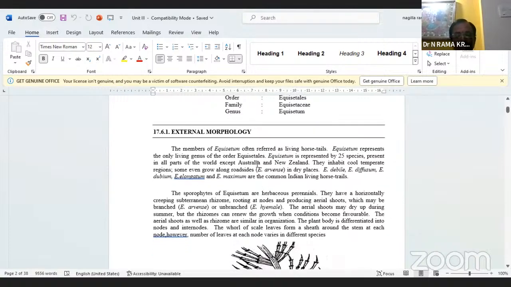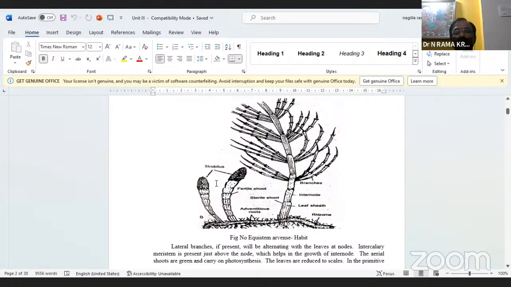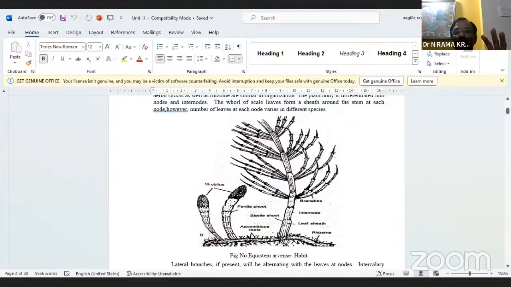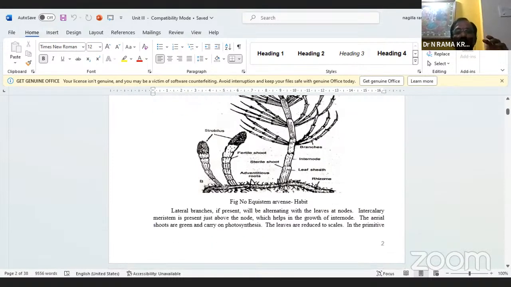After the Lycophyta, this is the second group, the Sphenopsida classes. This is also a sporophytic plant body, meaning there is a root system, stem, and leaves also in this one.